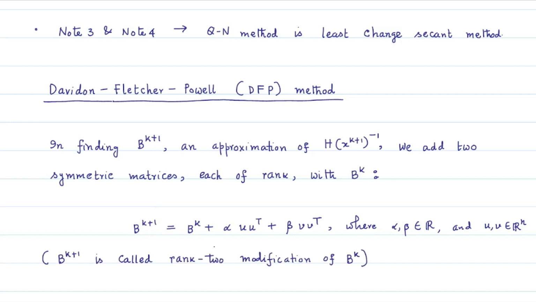So we are considering a rank 2 modification of bk where we are adding this alpha u u transpose and beta v v transpose with the matrix bk. So to find this bk plus 1, we have to determine these four quantities: two real numbers alpha and beta, two constants, and two vectors u and v.